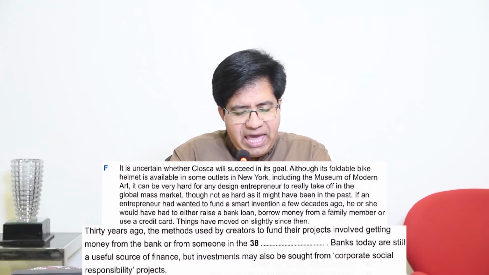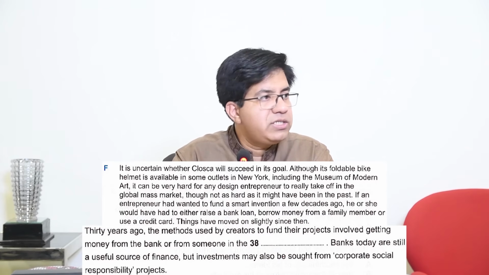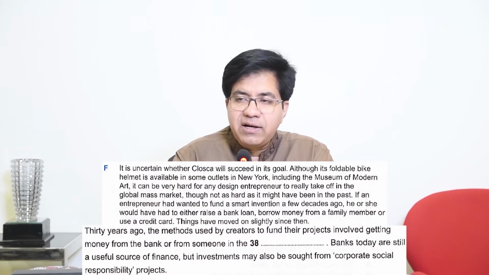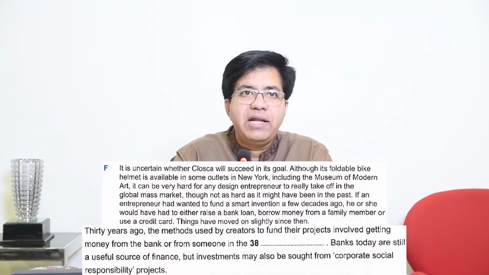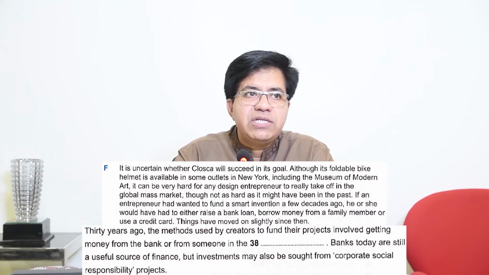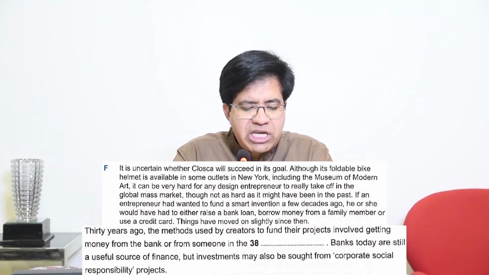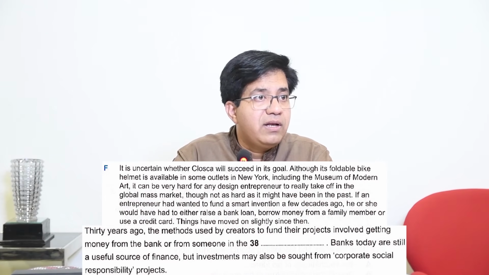It's paragraph F. You see the word bank there. So I'm reading it from the third last line. If an entrepreneur had wanted to fund a smart invention, another clue word, a few decades ago, that means 30 years ago, he or she would have had to either raise a bank loan, it's already given, bank.